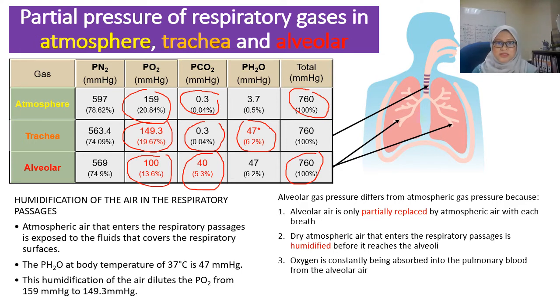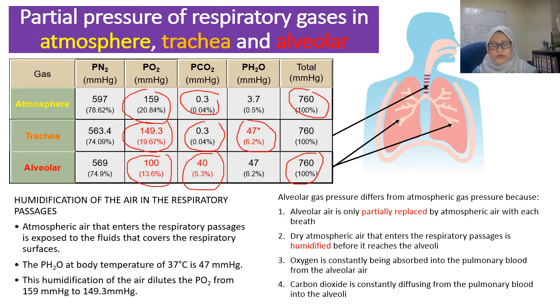The third reason, oxygen is constantly being absorbed into the pulmonary capillaries from the alveoli. And the fourth reason is because carbon dioxide is constantly diffusing from the pulmonary capillaries into the alveoli. So these are the four reasons why alveolar air pressures are different from atmospheric pressures.